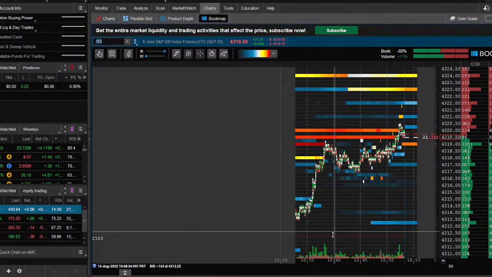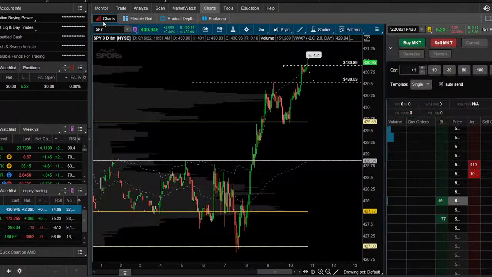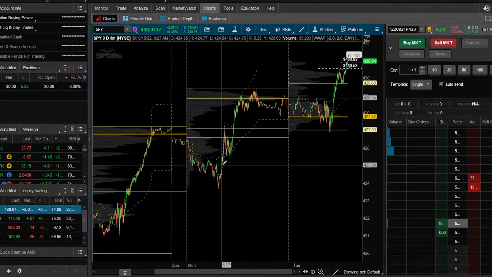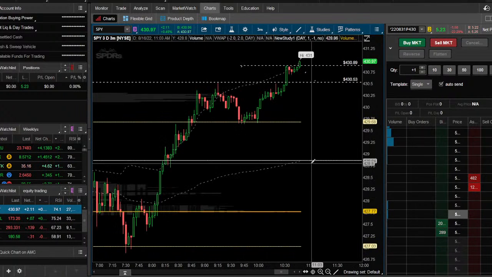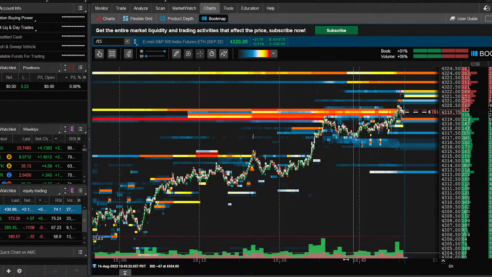Still liquidity out there, man. Yeah, these are vertical moves. It could be very, very painful, to put it that way.